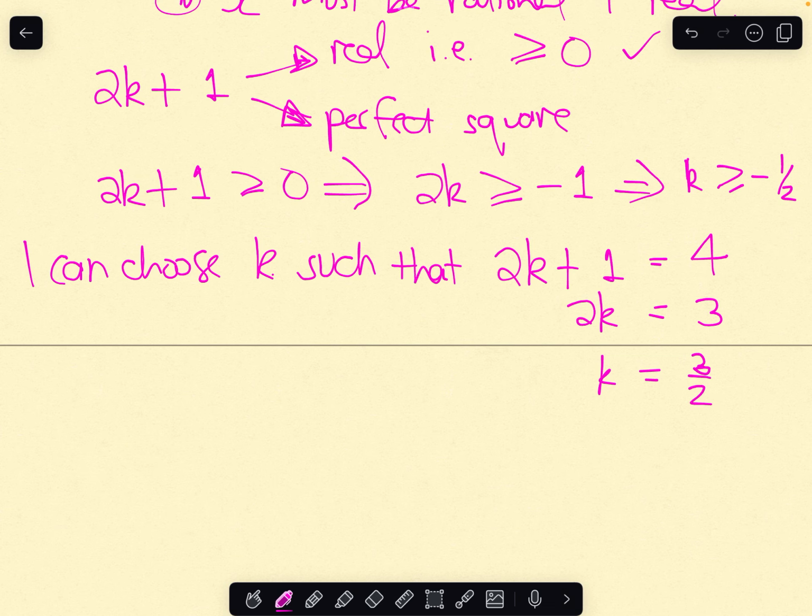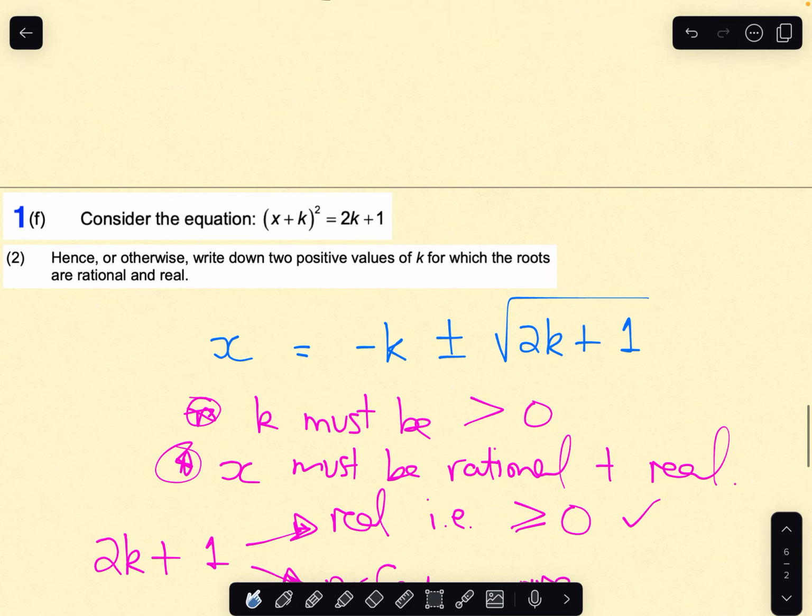Oh, that one's going to be a messy one to test. But let's see. So that will be x plus 3 over 2 squared is equal to 2 times 3 over 2, which is 3, plus 1, which is 4. Okay, not too messy. So you could then multiply it out and put it into the quadratic formula, whatever.